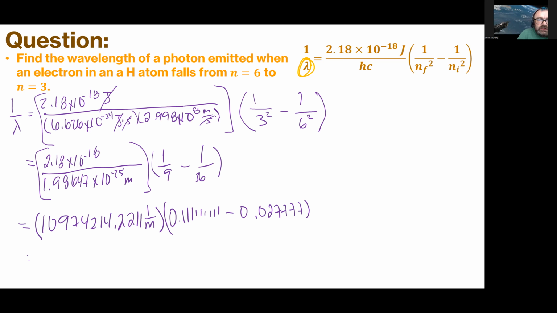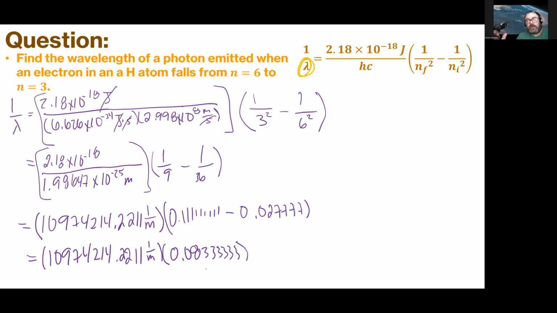So we have 10974211 inverse meters times 0.0833333.